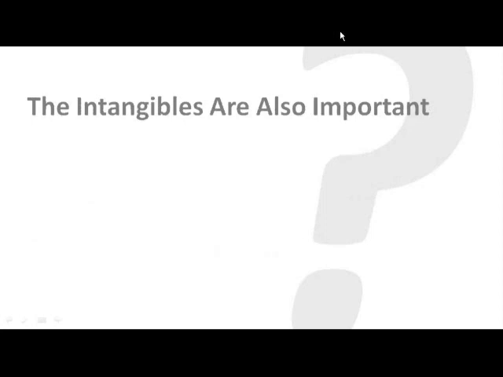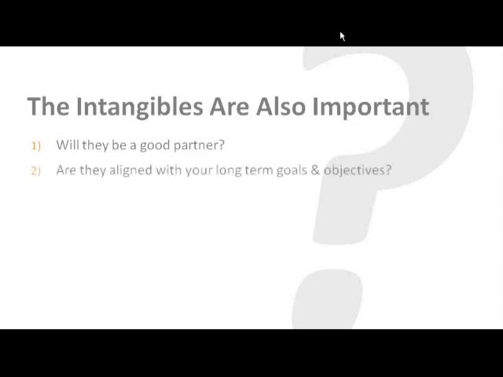As well as this self-evaluation and this checklist, it's important to think about the intangibles, because there are always intangibles when making a business decision, especially one about technology. When you're evaluating a vendor, almost in any aspect of your business, you want to think about whether they're going to be a good partner, whether they're good to work with, whether you get on with them, whether they seem like they're going to work with the way that your business works and have similar philosophies.